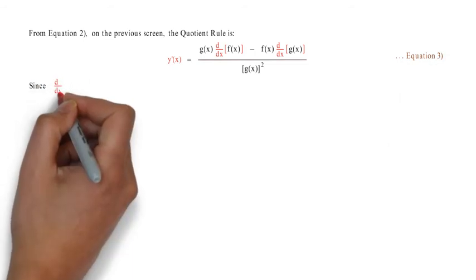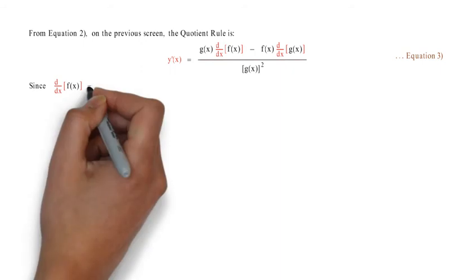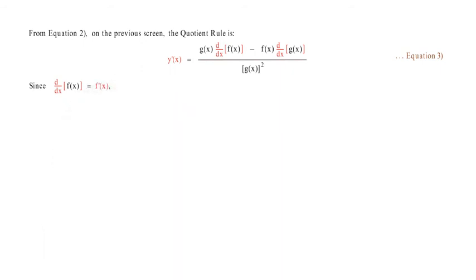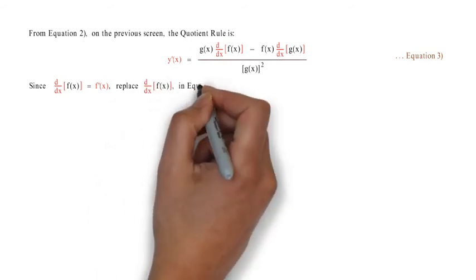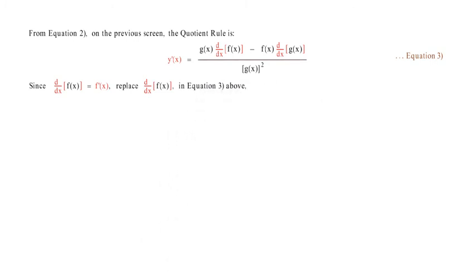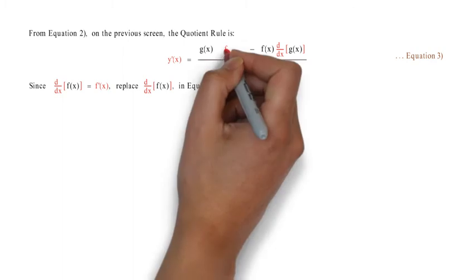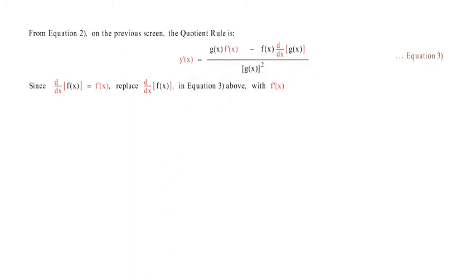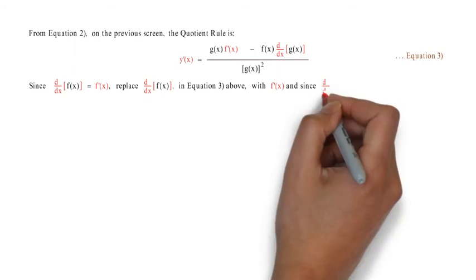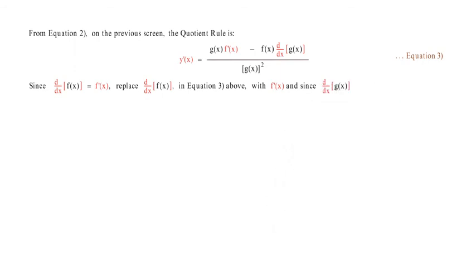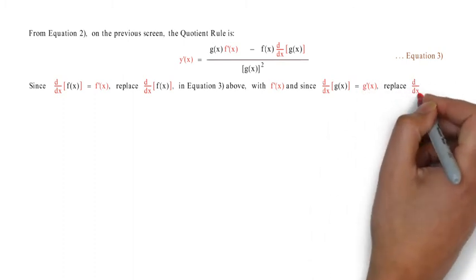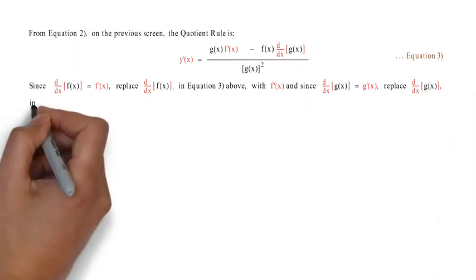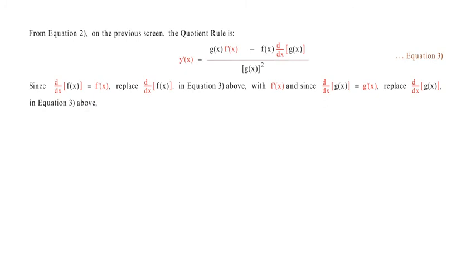Since d dx of f of x equals f dash x, replace d dx of f of x in equation 3 above with f dash x, and since d dx of g of x equals g dash x, replace d dx of g of x in equation 3 above with g dash x.